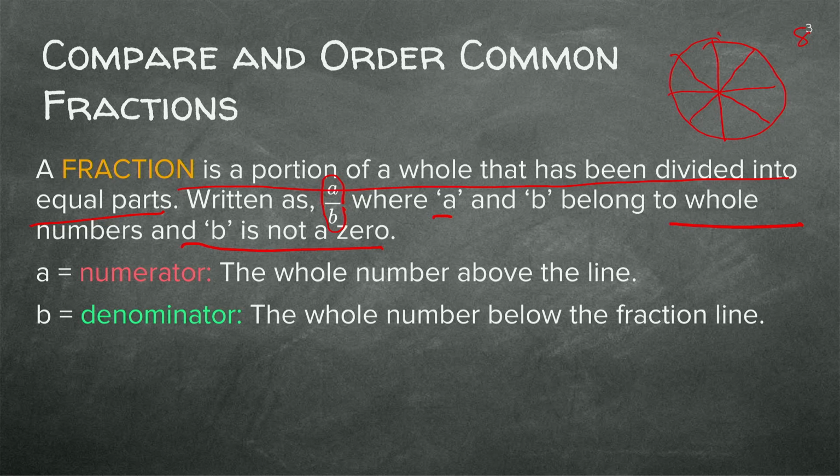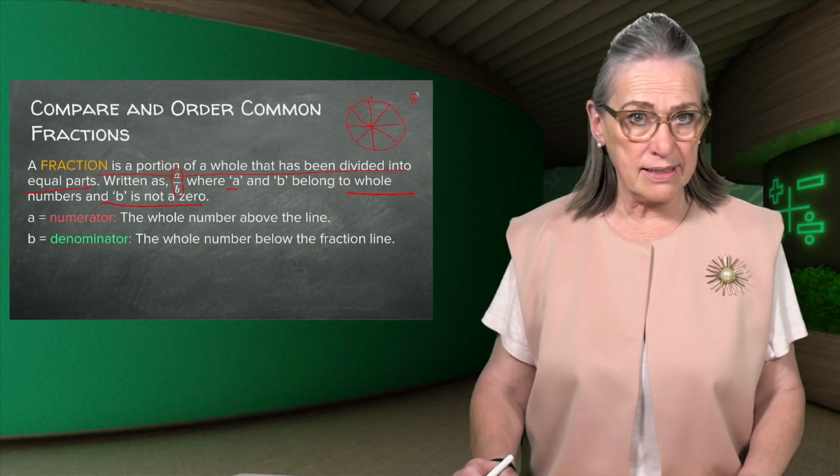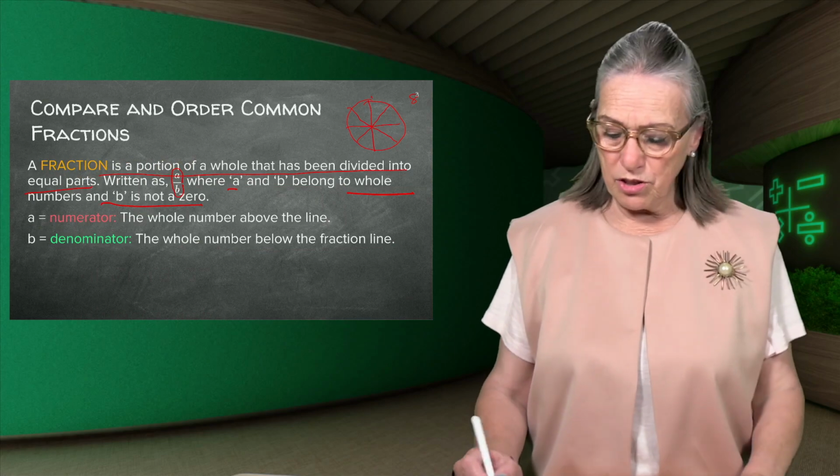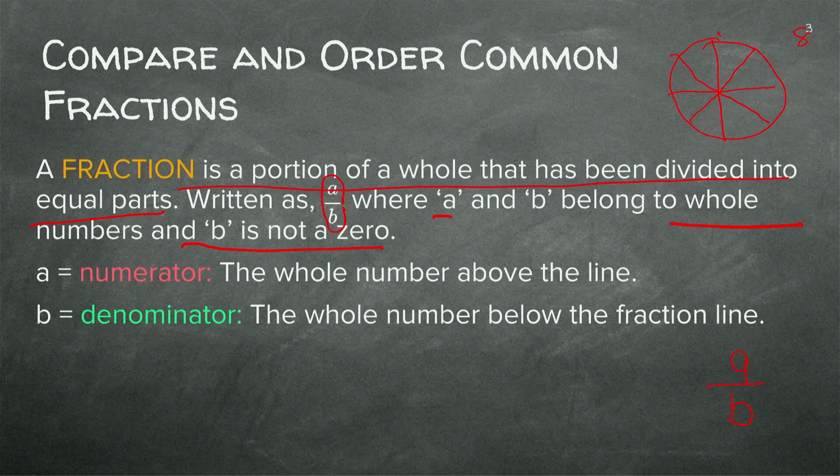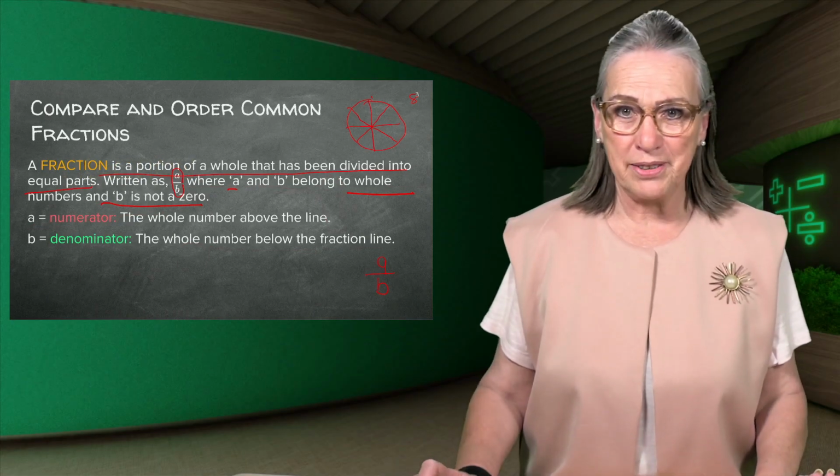Okay? So the beauty of this is you can always go back and refresh your memory on what a fraction actually is. But it's very important to know that we write it A over B, and they all are whole numbers. Stop the clock. Can you still remember the difference between a whole number and a natural number, right?